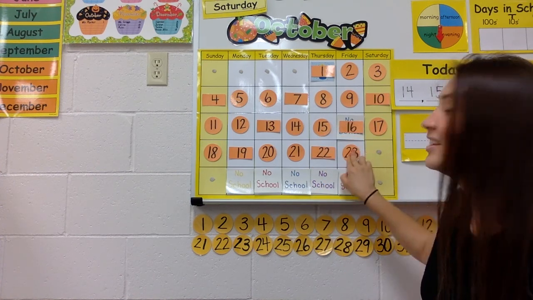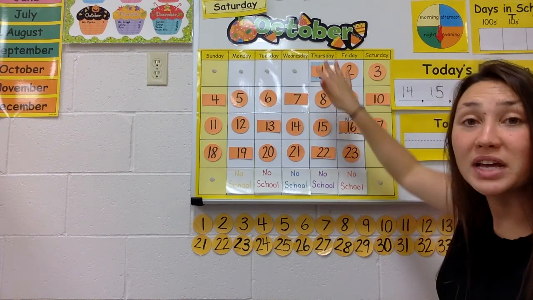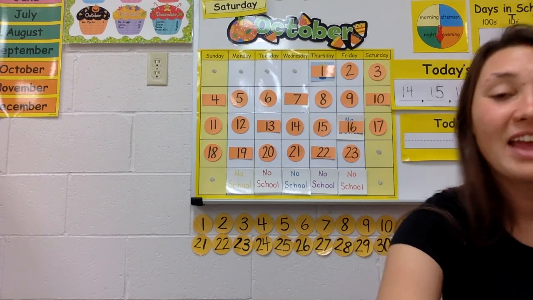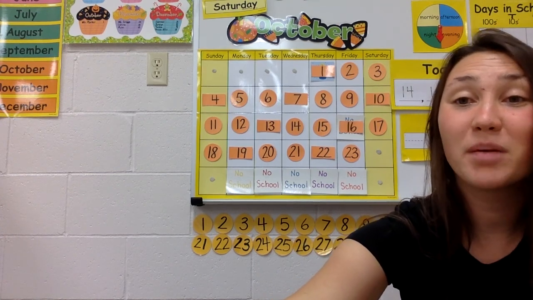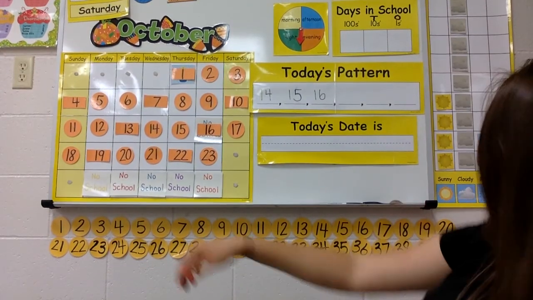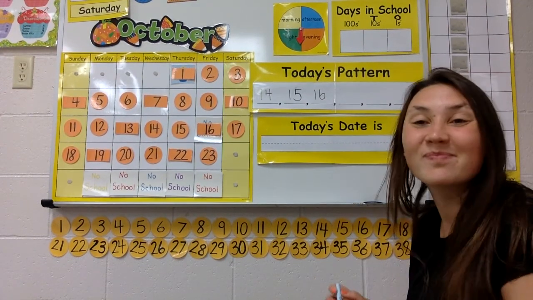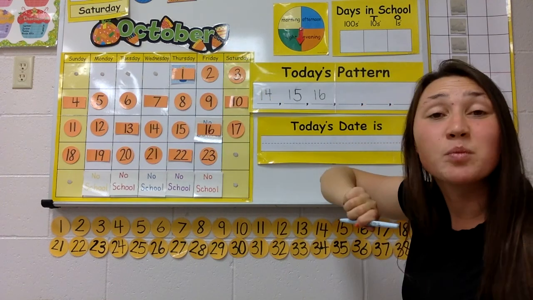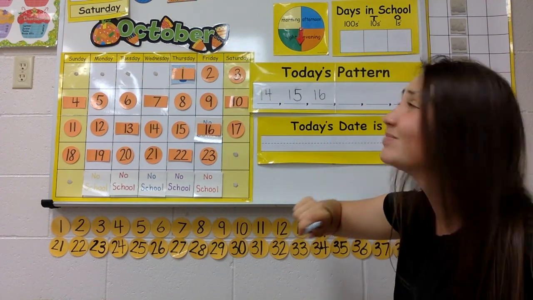All right. Now that we know that today is October 23rd, let's write it. If you have your whiteboard or a piece of paper, I would love to see your date written with me. That'd be awesome. So, as we said, we're in October. And what's the first letter in October?